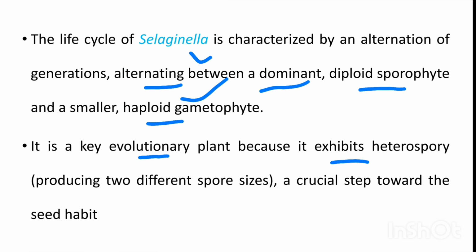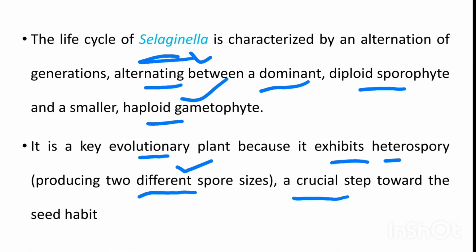That means Selaginella can produce two different types of spores. It is a very crucial step towards seed habit. So it is a major evolutionary development which was observed in Selaginella for the first time, that is heterospory. Actually two types of phenomenon are there.